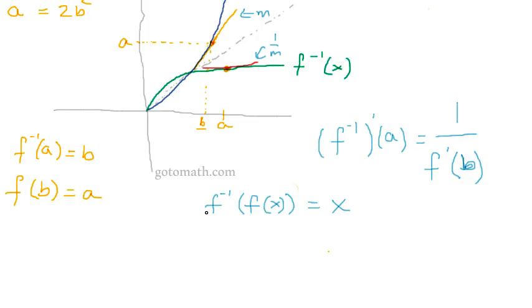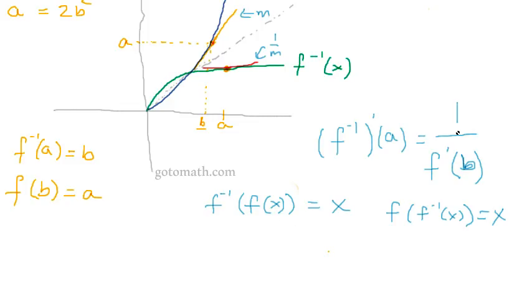If we take the composite f inverse composed with f of x, we should get out x. Also, if we did f of f inverse of x, if you compose them just like this and we get out x on both sides, they're inverses of each other.